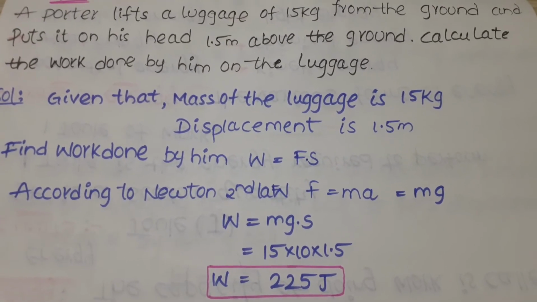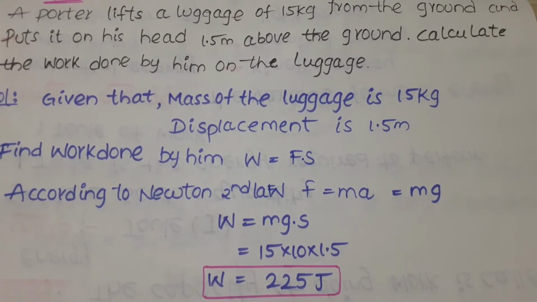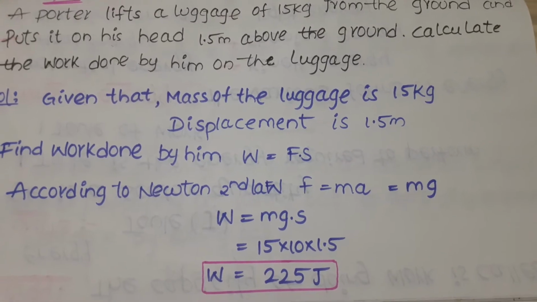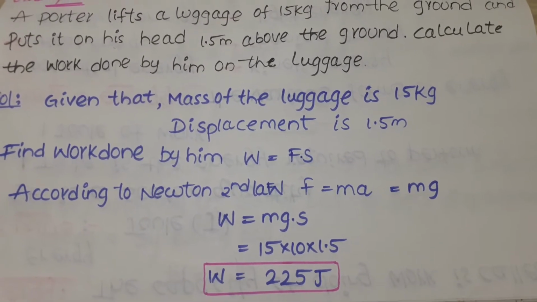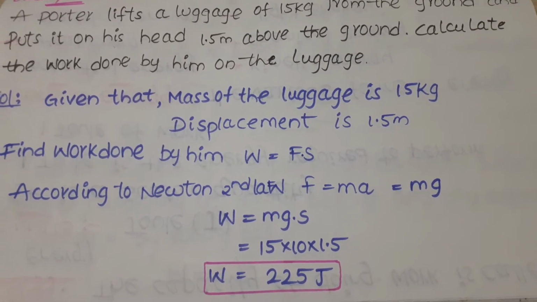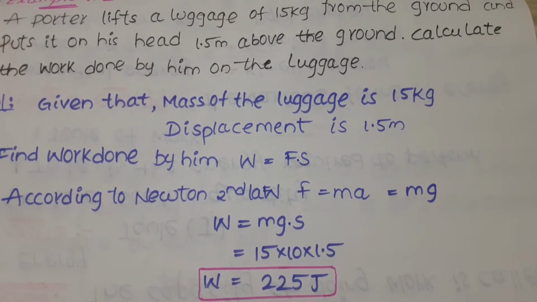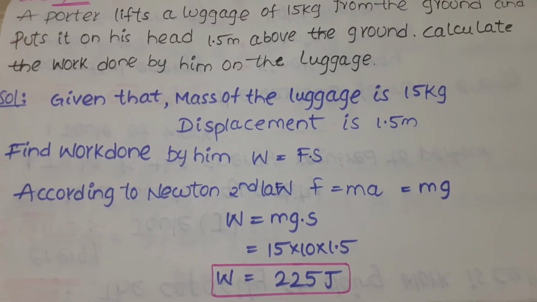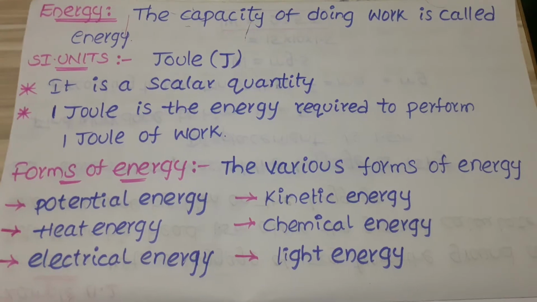We know the mass of the luggage, g the gravitational acceleration, and the displacement of the luggage. Mass of the luggage is 15, g is 10 meter per second squared, and displacement is 1.5 meter. So total value 15 into 10 into 1.5, 225 joule. That is the work done on the luggage.